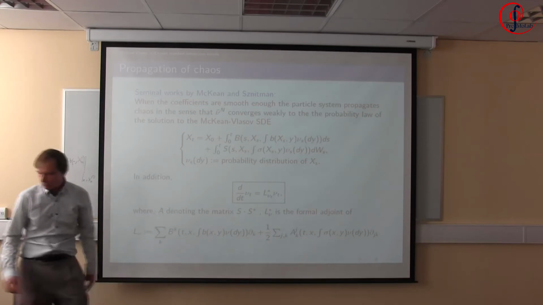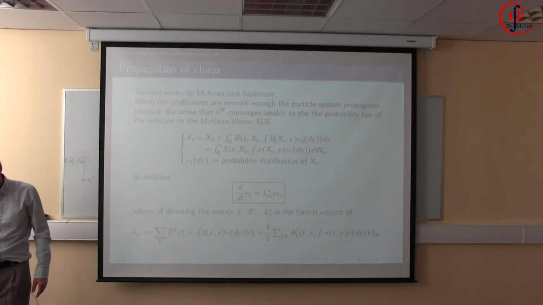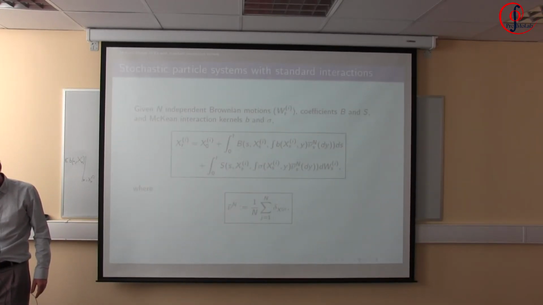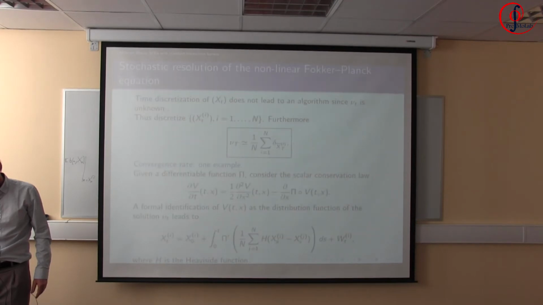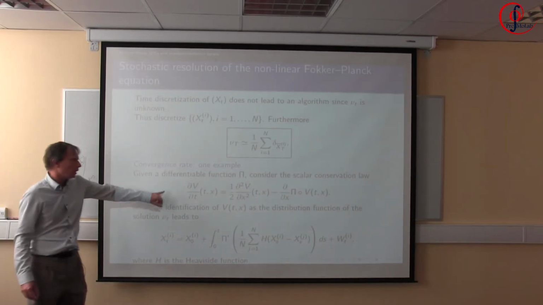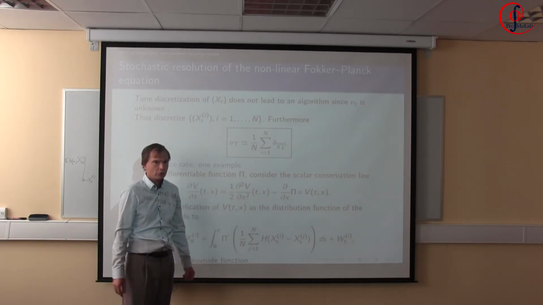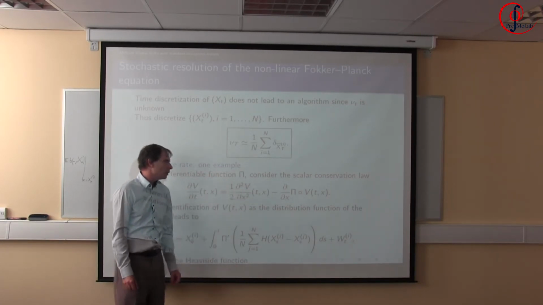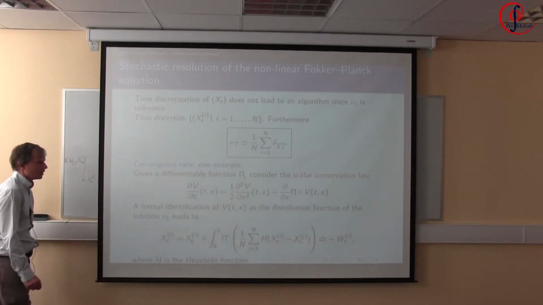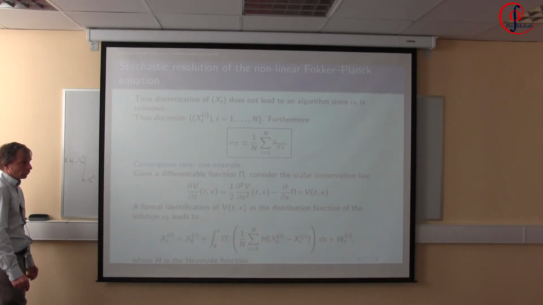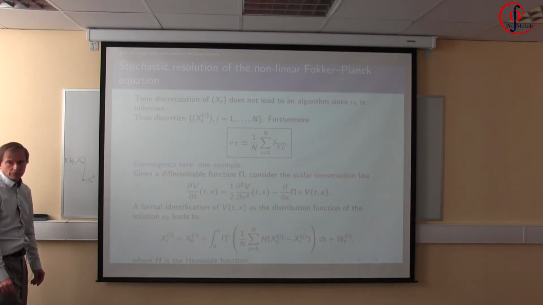And here, if you try to interpret this dynamics as a nonlinear Fokker-Planck equation, just by identifying the coefficients, then there is a major difficulty: the kernel should be a Dirac measure.